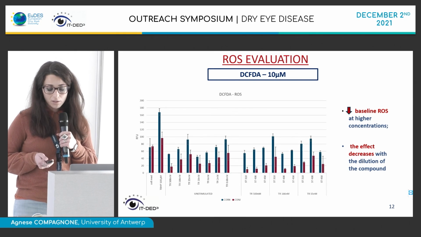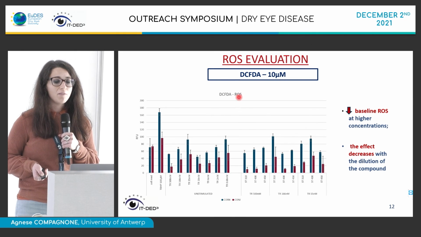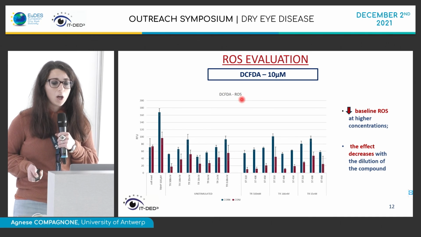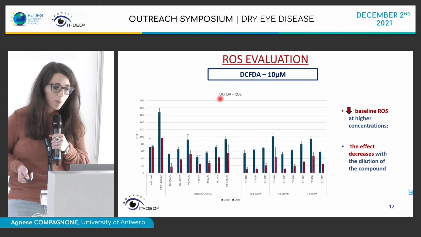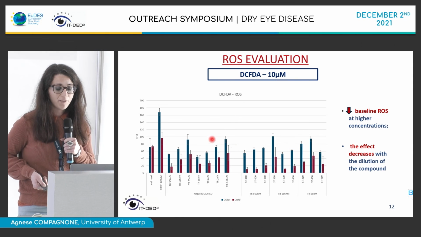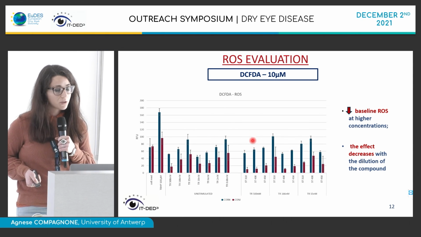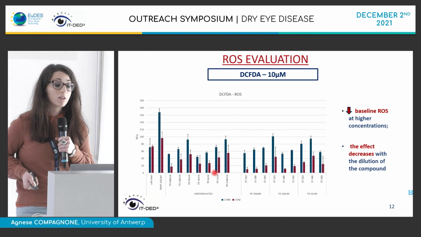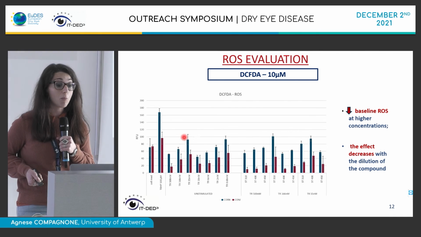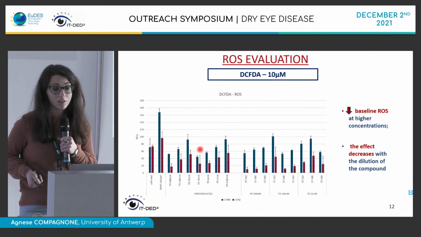So, starting from the evaluation of reactive oxygen species, we can find here the corneal cells in blue and the conjunctival cells in red, in the conditions in which the cells were just treated with the compound at the main concentrations.